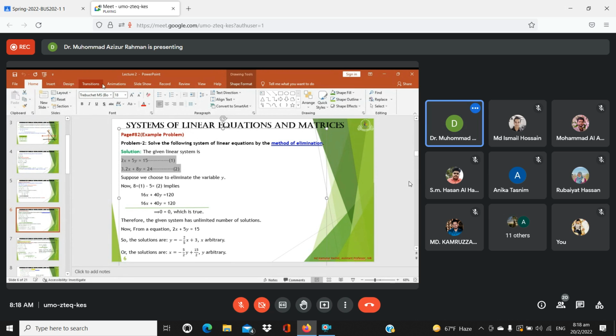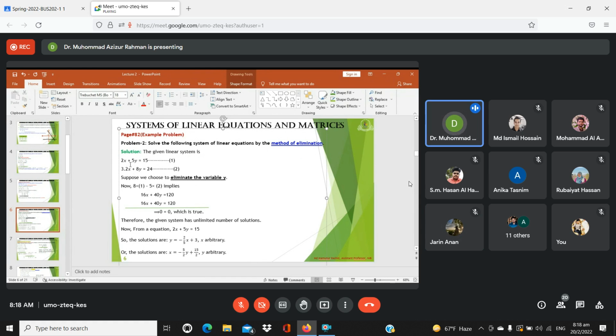So in this case, let's say we want to eliminate the variable y. If we want to eliminate the variable y, what should we do? We can multiply the first equation by 8 and the second by 5.